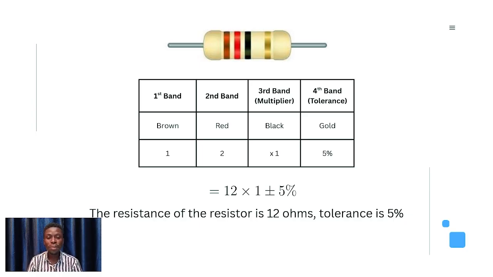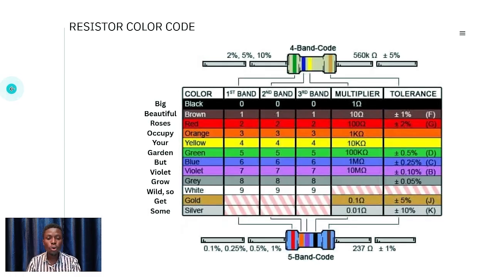For a 4-band resistor, the third band is the multiplier band. That is whatever the color of the third band is. So for example, the third band here is black. So we now go and check under multiplier. What do we multiply it with? If it were black, it is multiplied by 1.